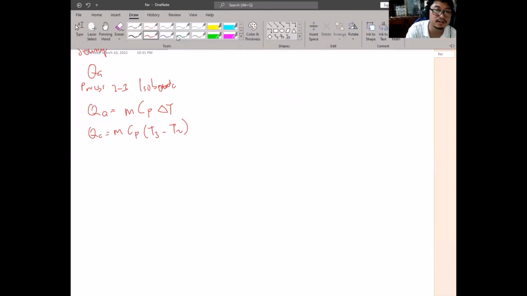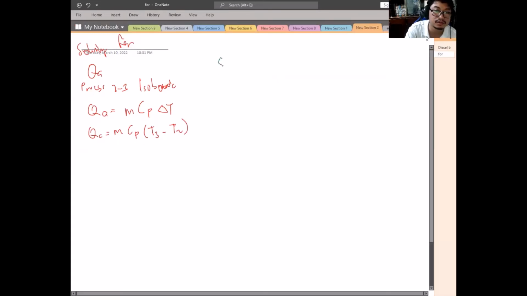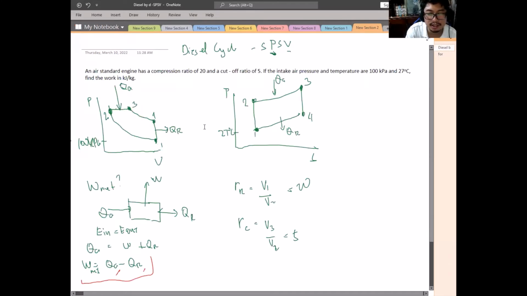Solving for T2. Looking again at our chart, T2 is on the isentropic process from 1 to 2.